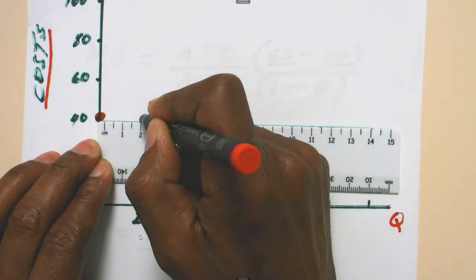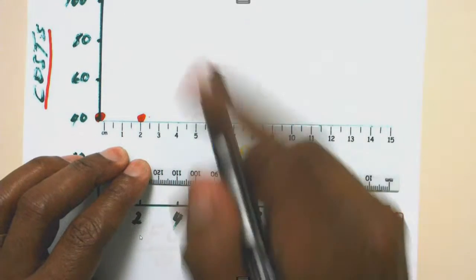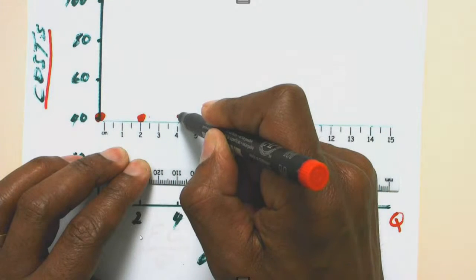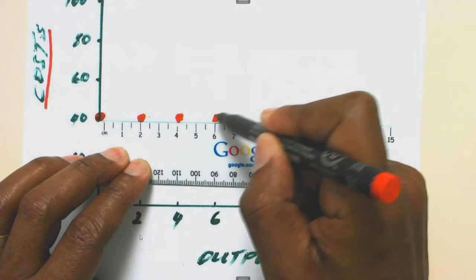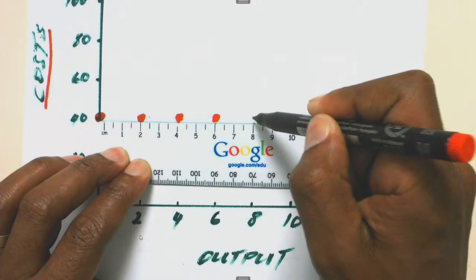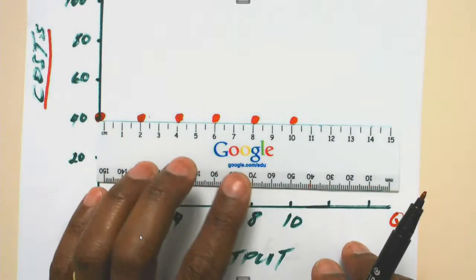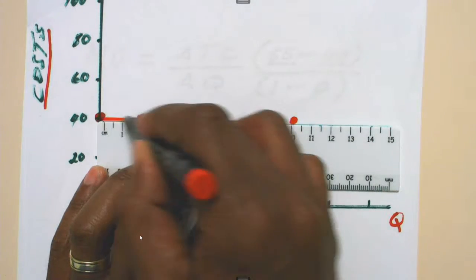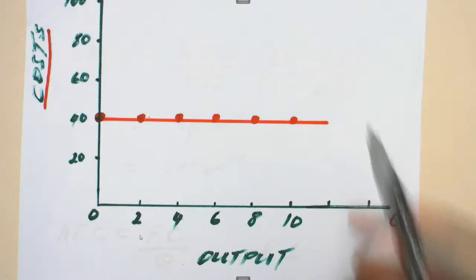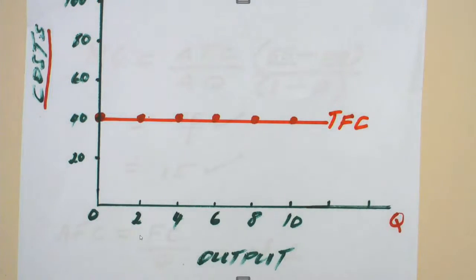So 40 and 2 meet here, and then for 4, it's still 40. This is where the 2 meet, and then for this one they meet there, and then for 8 and 40, for 10 and 40. So after making these dots, you join them by a straight line, and this is your fixed cost, or TFC. All right, so this is how we do the plotting of the curves.